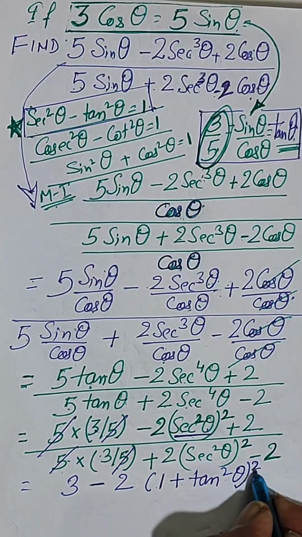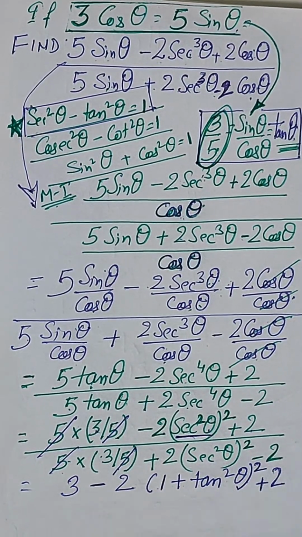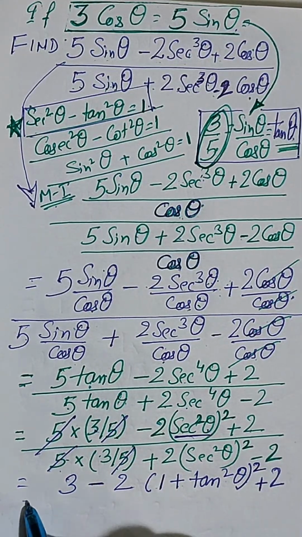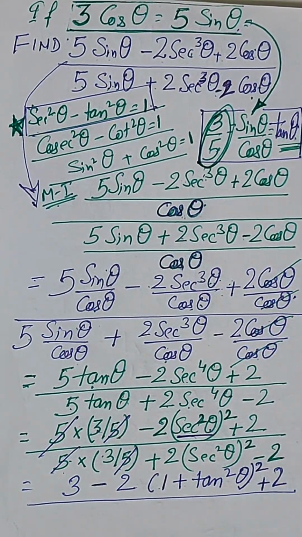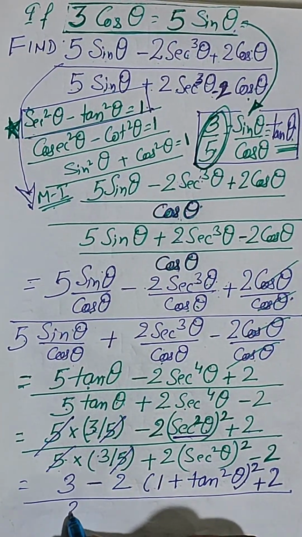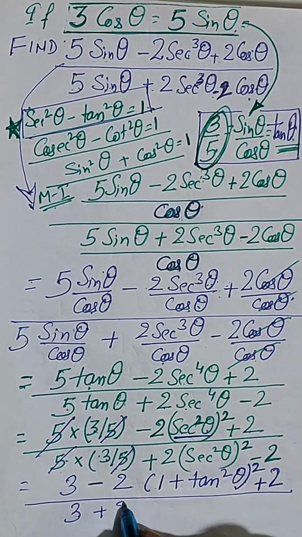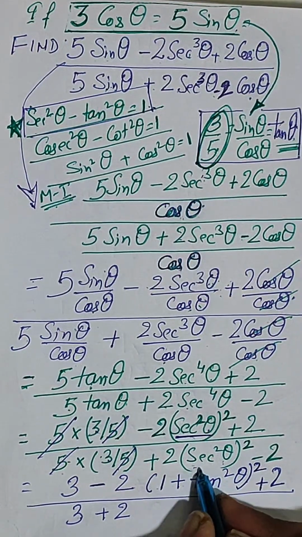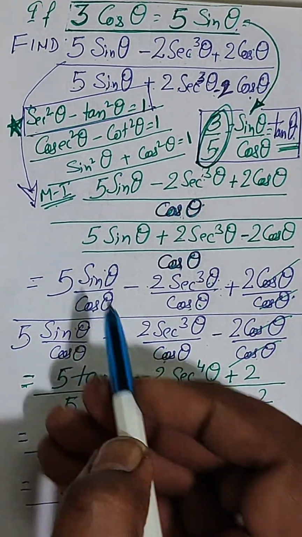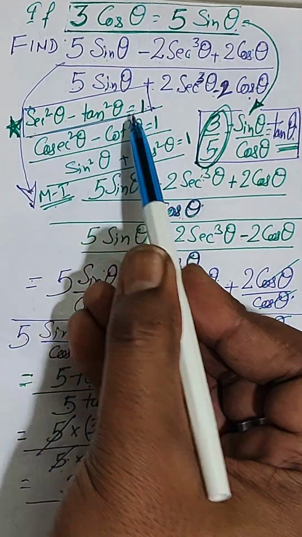This whole square plus 2, and this whole divided by, again into the denominator this 3 I am writing over here, plus 2 times, again replace this sec square theta using this identity as equal to 1 plus tan square theta, right?